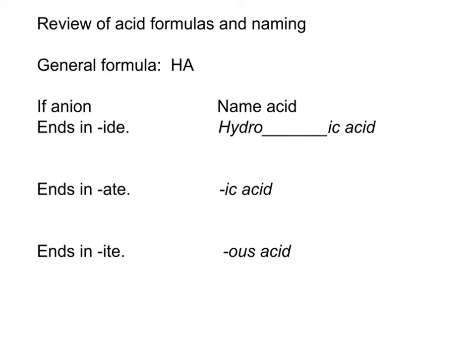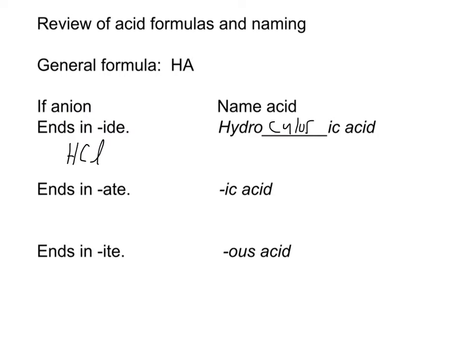If the anion ends in ide, like chloride or fluoride, the acid name is going to be hydro, then the stem of the anion name with an ic on the end. For example, if we have hydrogen chloride, HCl, that's going to be hydrochloric acid.